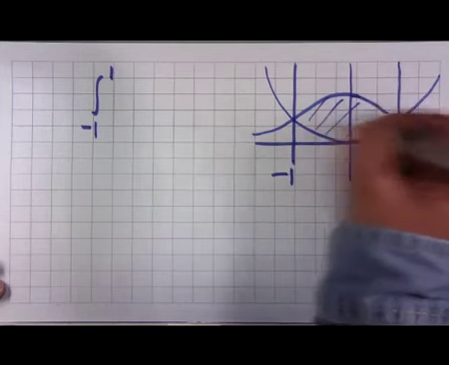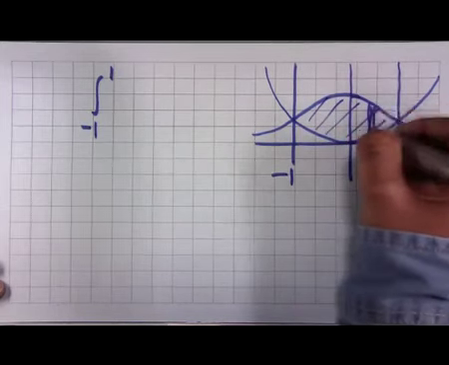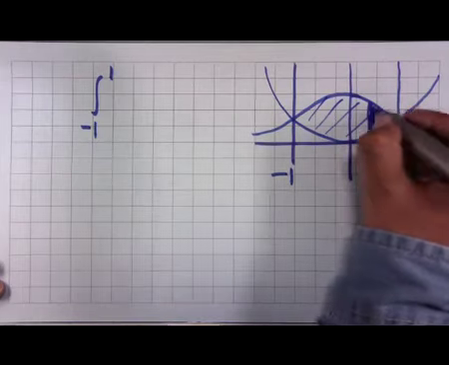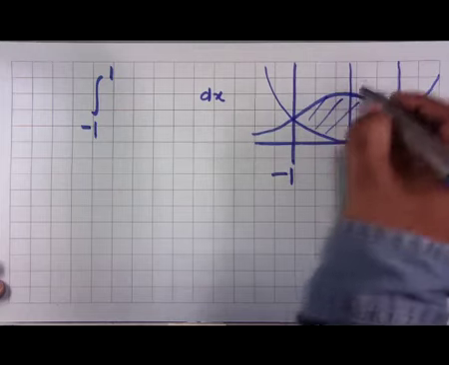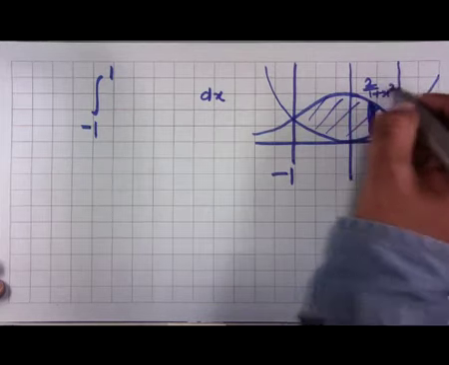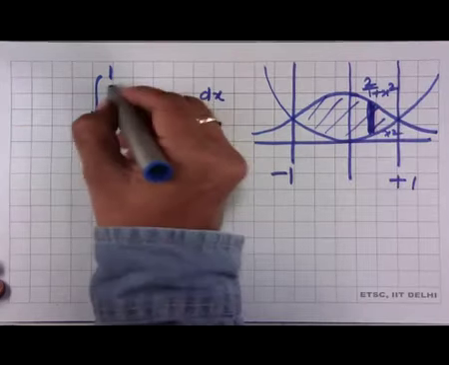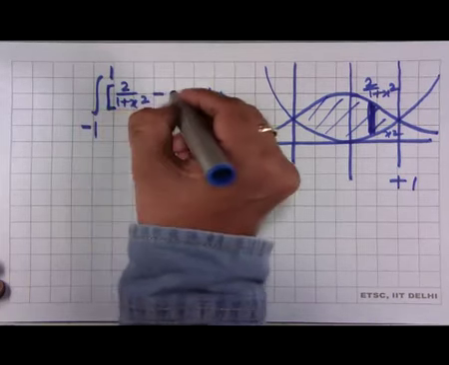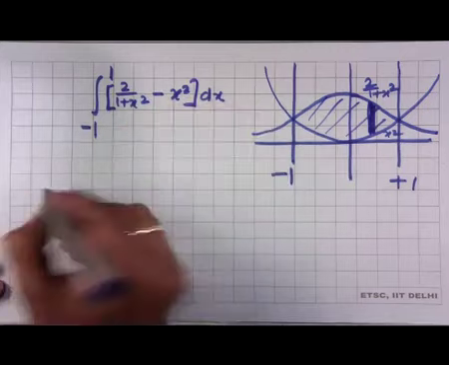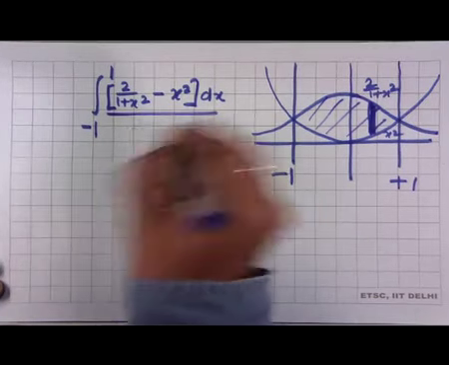This is your required area, this is the elementary area whose width is dx, and this is 2 by 1 plus x square, this is x square. So, you get 2 by 1 plus x square minus x square dx as the elementary area.